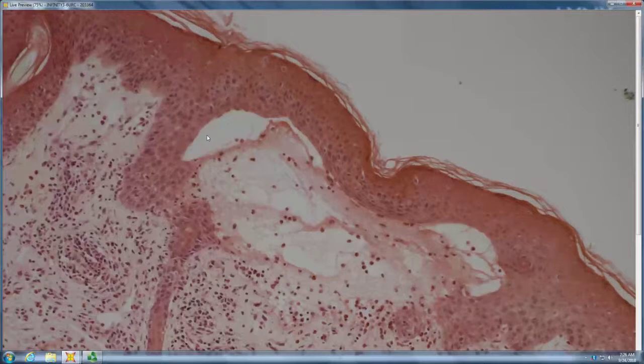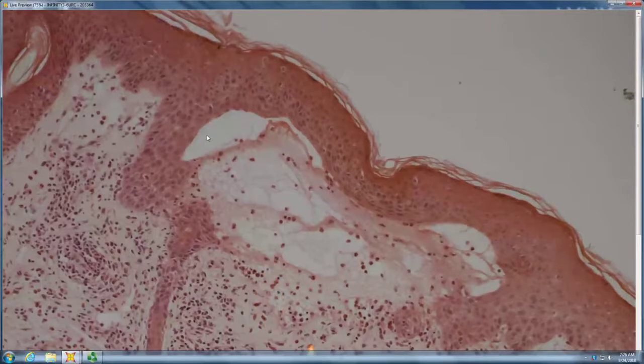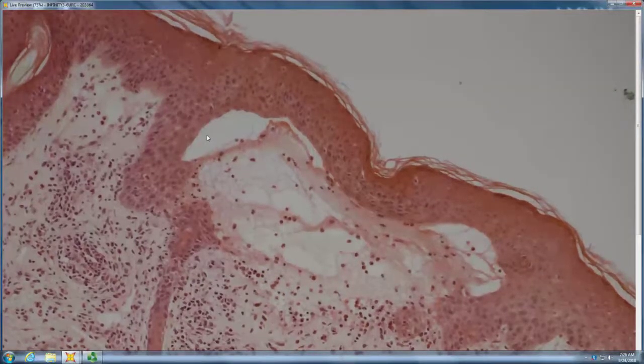BP by itself is probably not very associated with any of those things. Other things that can do it, bug bite, scabies, you have to remember those things as well. This one was BP, but your IF pattern can be helpful.